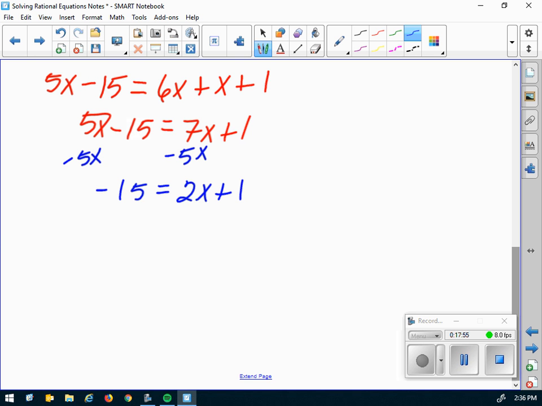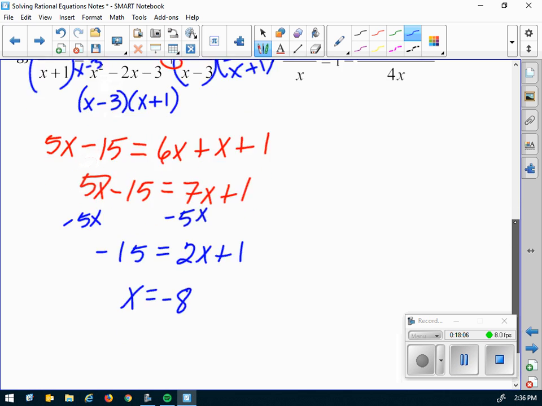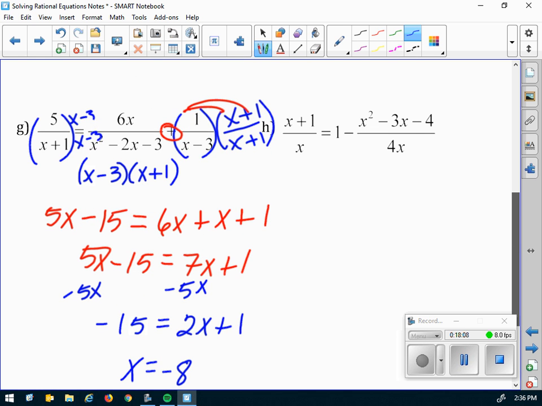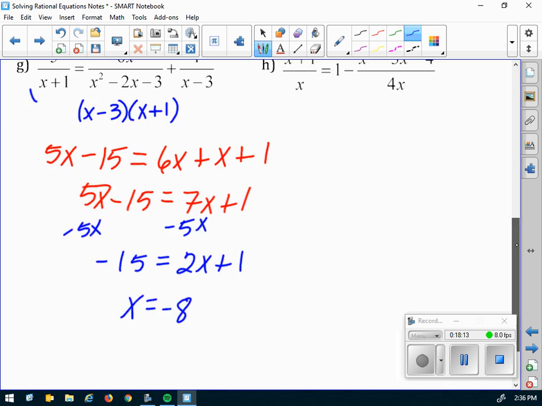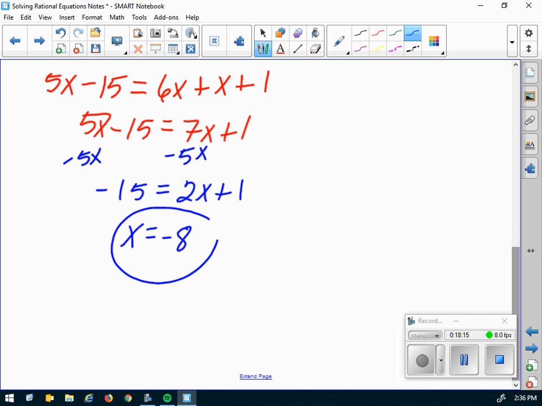Right. If I subtract 1, I get, and then, so x equals negative 8. Is that okay? Can x be negative 8? Does that make any denominator 0? Nope. Life is good.